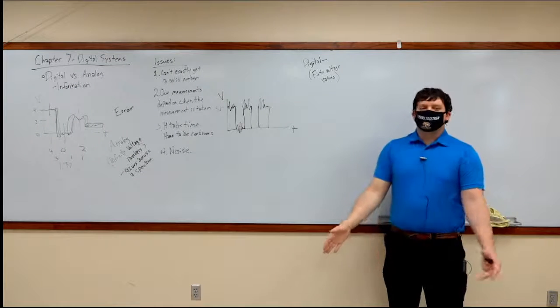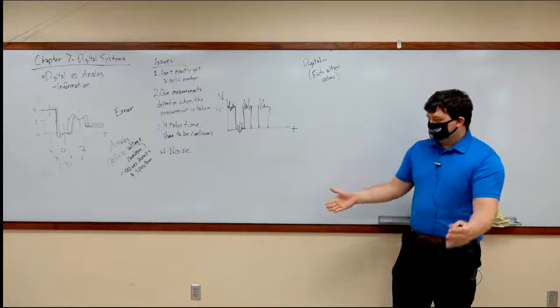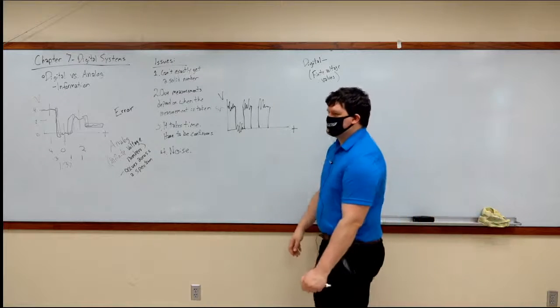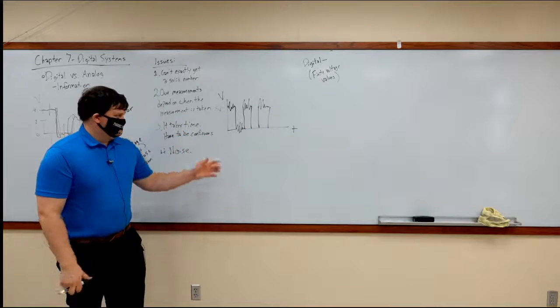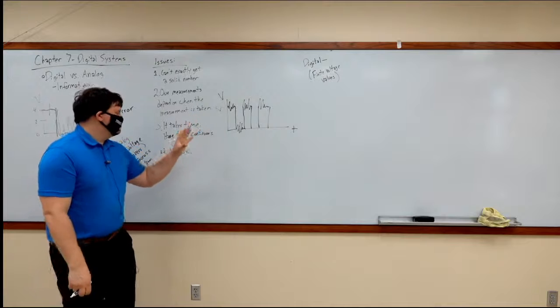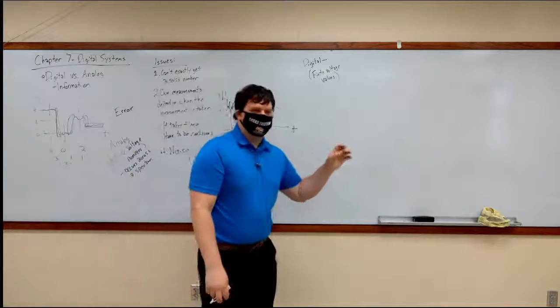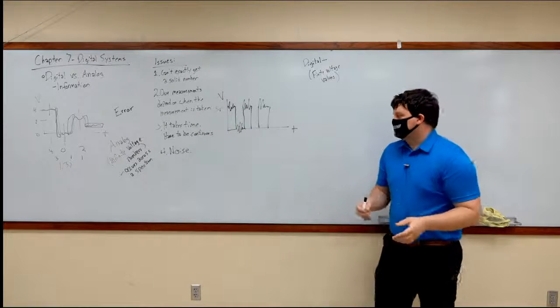We do not have any other numbers. We only have 2. Okay? And some people are trying to develop digital systems that have more than 2. We'll get to that in a second. But with a digital system like this, the beauty of it is that voltages only fall into a finite number of bins. Okay?